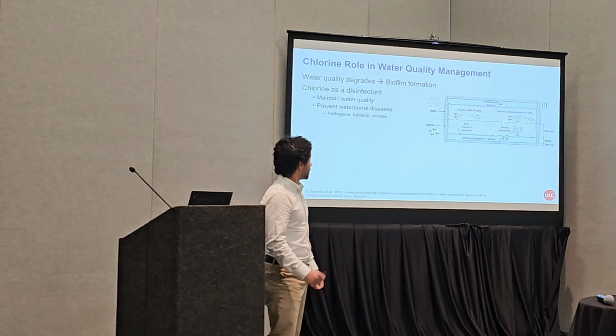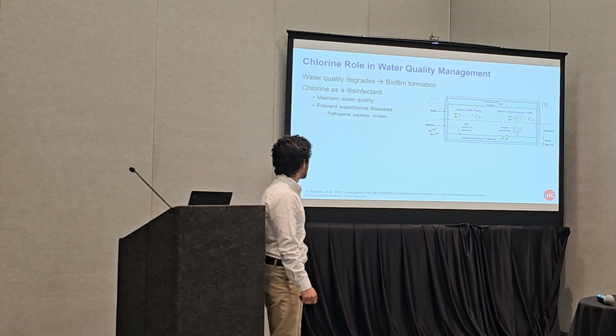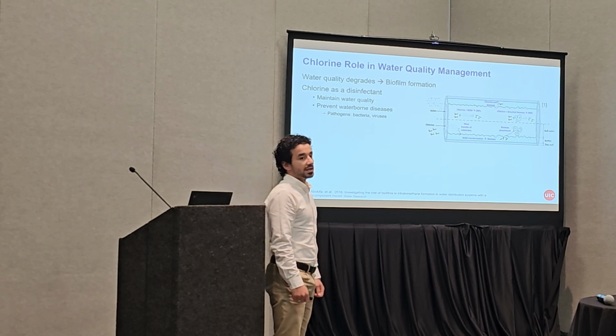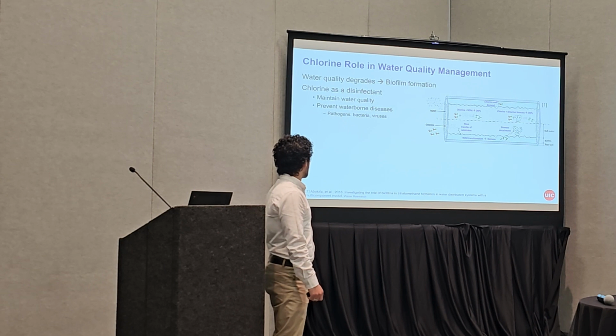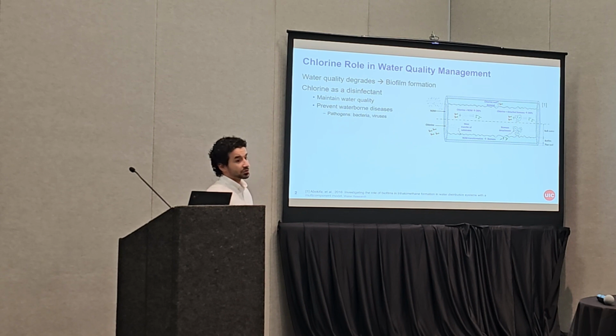So let's start by talking about chlorine and water quality management. Water quality degrades due to biofilm formation. For that reason, chlorine is typically used as a disinfectant to maintain water quality and also to prevent waterborne diseases, as chlorine kills pathogens like bacteria and viruses.